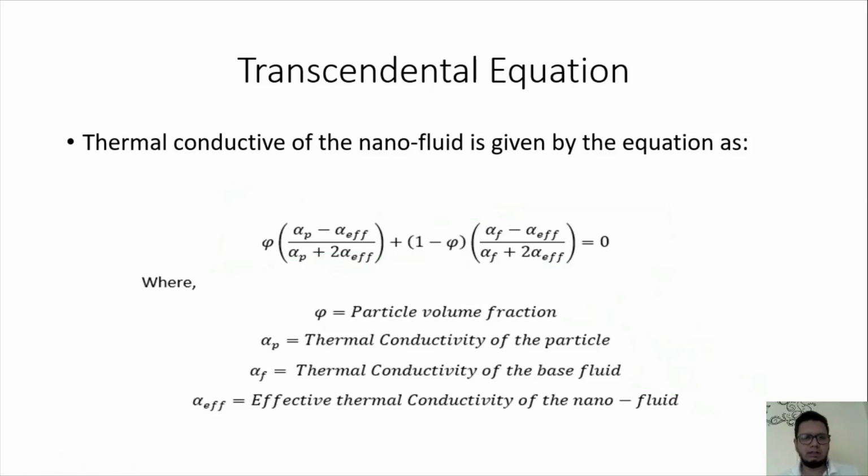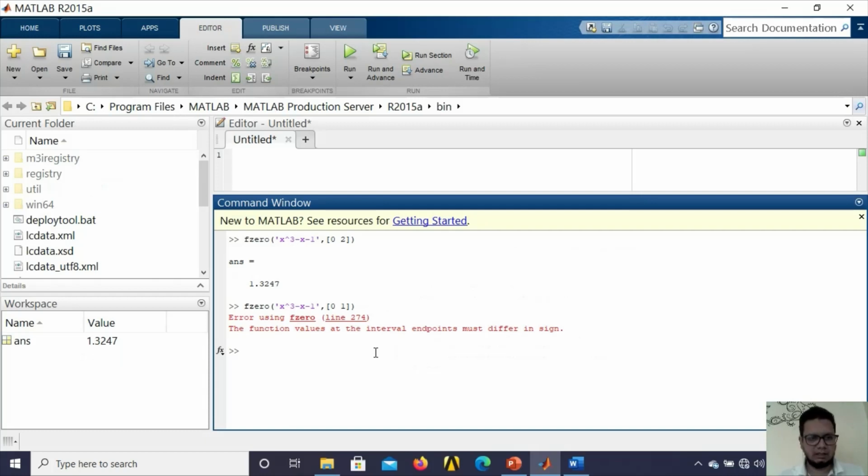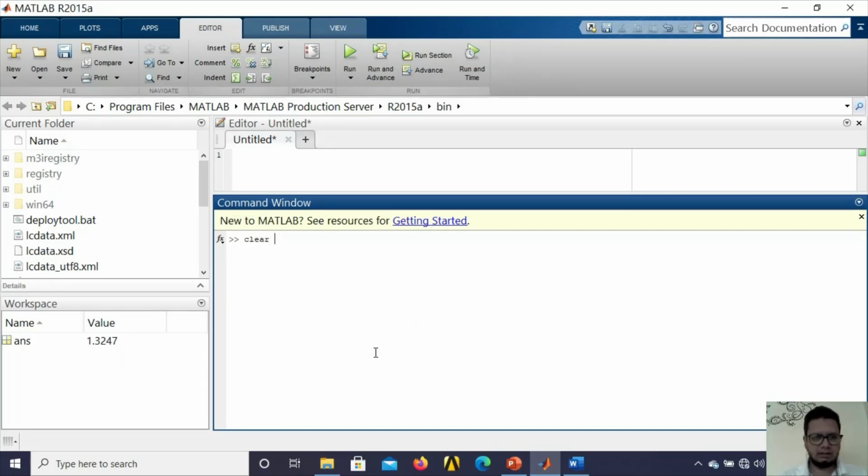So let's go back to our MATLAB software. Let me clear everything. I'll use the fzero function, and then I will write my equation.